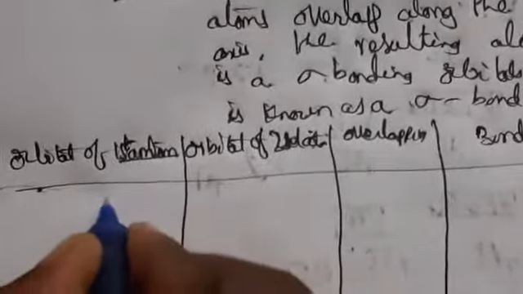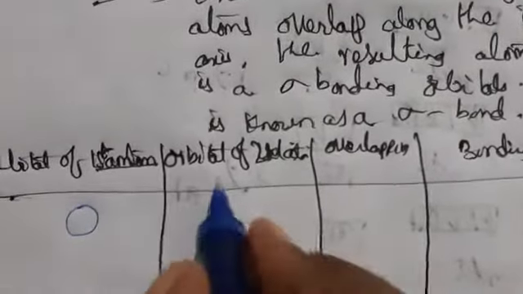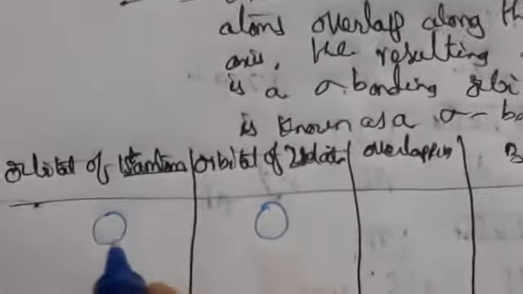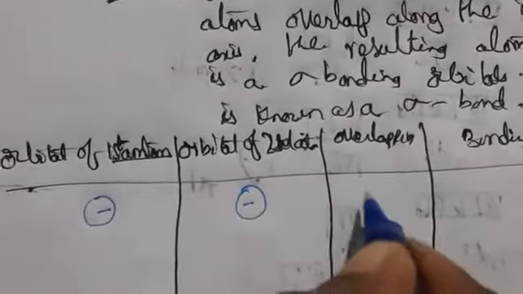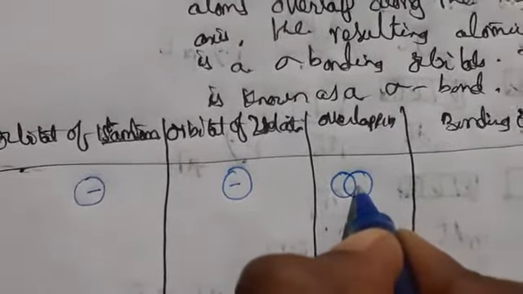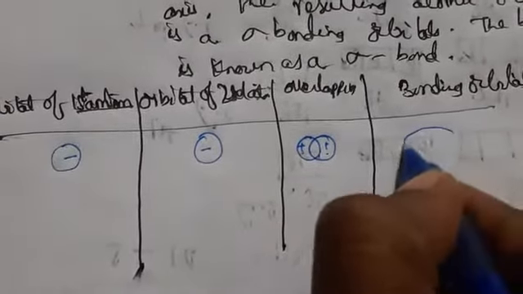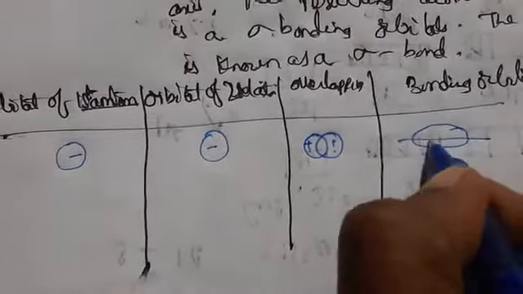Okay, so now let us see each of these. Here we take a minus charge, and here you can take either plus or minus charge. So one orbital I am combining, and it forms like this. Overlapping of the two orbitals takes place like this, forming a bonding orbital like this.